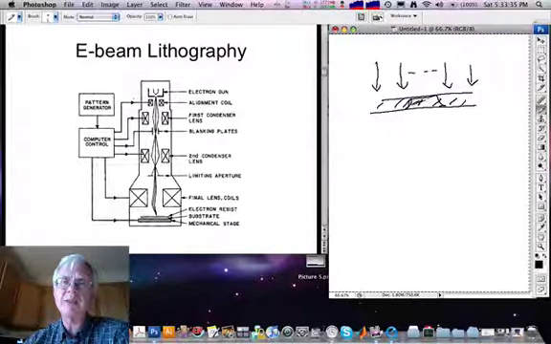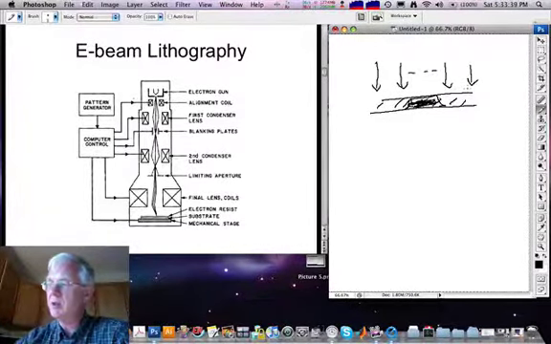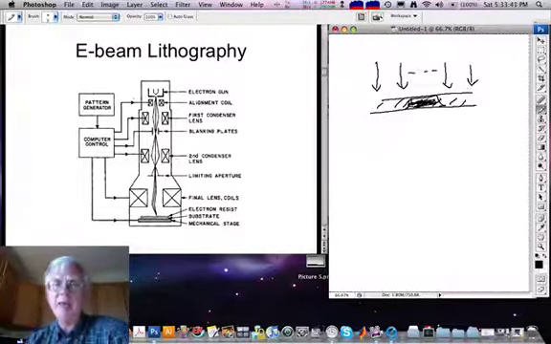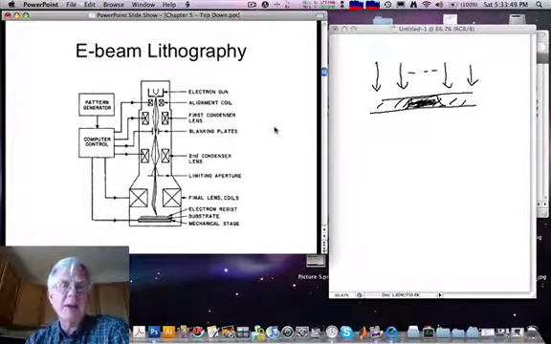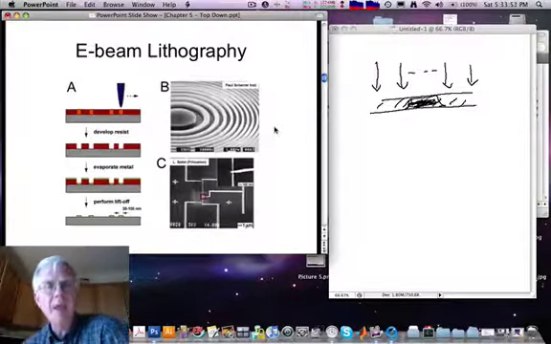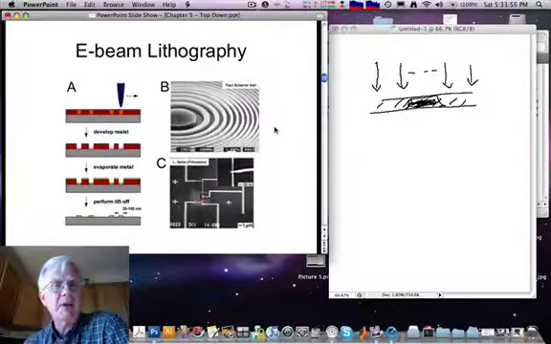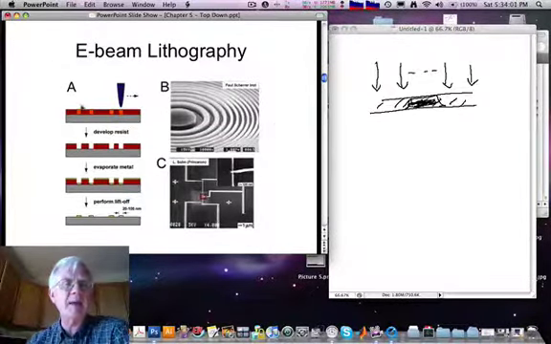In this case, here I've shown a negative resist. So this, of course, can be done digitally, and it means that the generation of new patterns is extremely trivial. In principle, the resolution is very high, but not as high as one might think, given that the source is an electron beam.